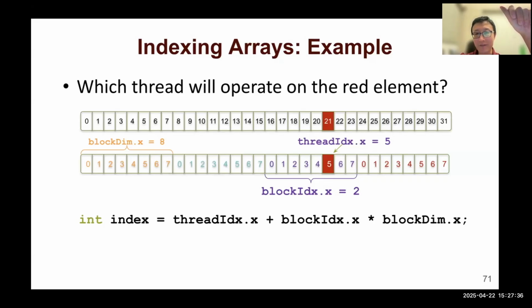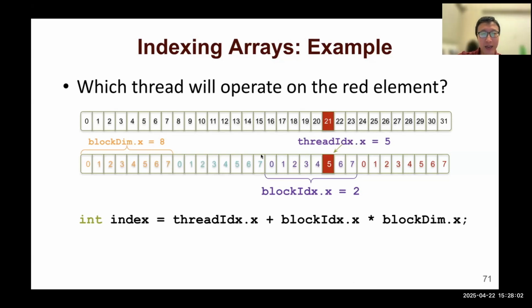Then you have an extra 5 left. It will be 5 plus 2 times 8. Does it make sense? If you look at the bottom row, it's exactly the same as the previous row. Yes, that's good, so someone's following me. Good. So the bottom row is the same as the one I showed in the previous slide.